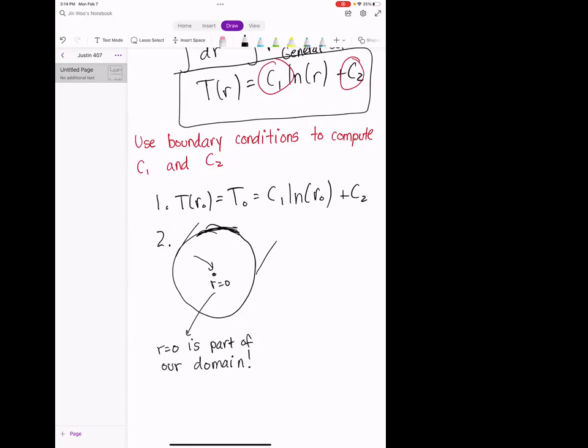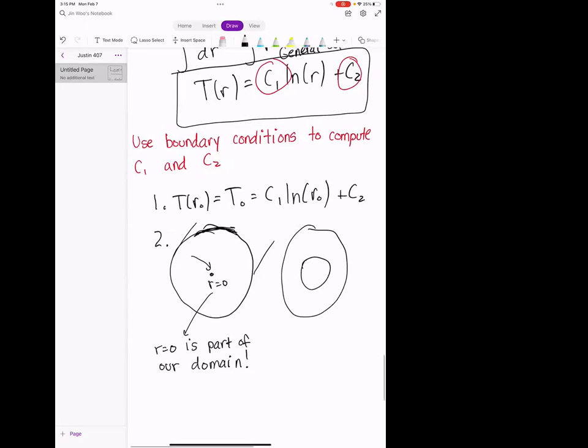If you think about the hollow cylinder that we had before, that wasn't the case, right? And so r is equal to 0 is here, but that wasn't part of our domain, because our domain stopped at the inner radius. So that was our domain in the previous one. In the hollow cylinder, our domain stopped at Ri.